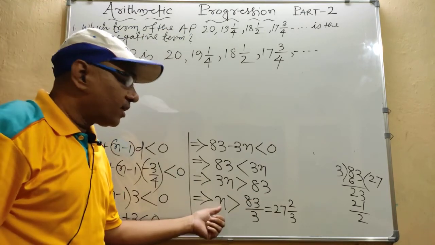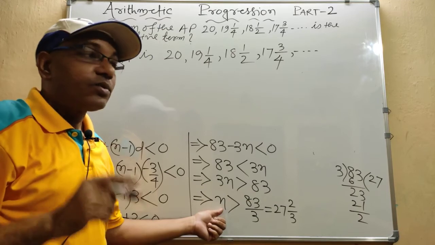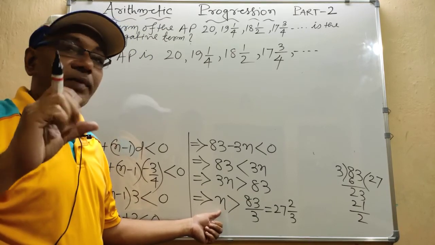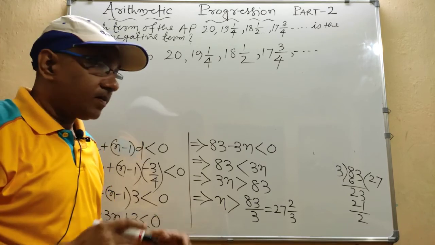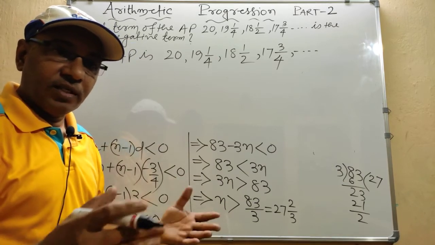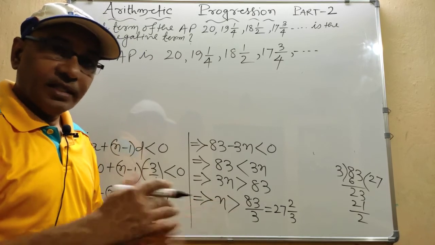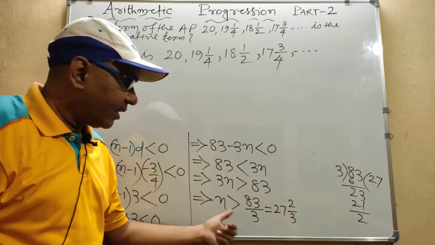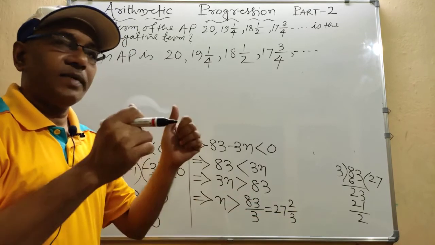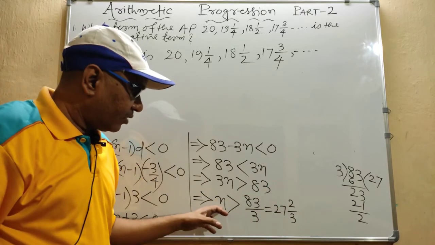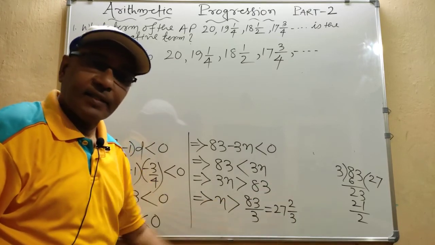N is what? Number of terms. Number of terms means it is a complete digit, like 20, 21, 22, 23, 31, 42. This type of numbers it will be. It will not be a fraction. It should not be any fraction like this.